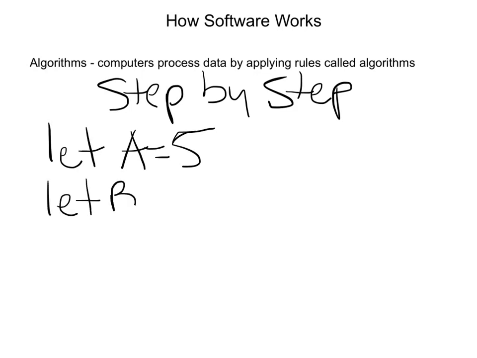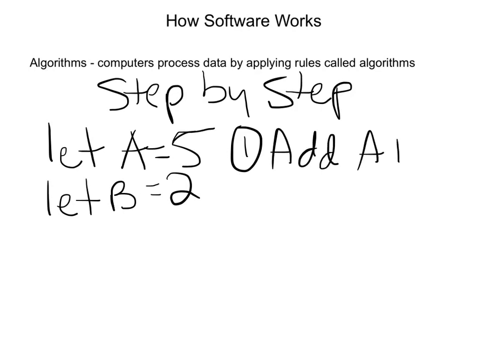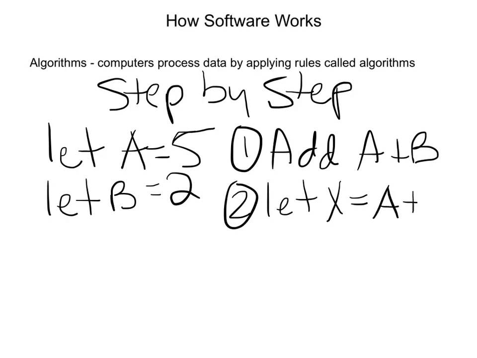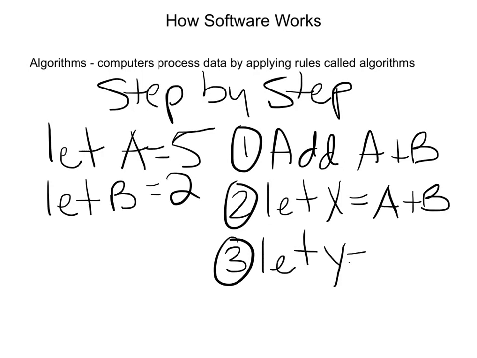Let B equal 2. And then what you're going to do is you're going to program. So your first step would say, add A plus B. Your second step would say, let X equal A plus B. And then your third step would be, let Y equal X divided by 3. All right, so these are the algorithms, the step by step by step.